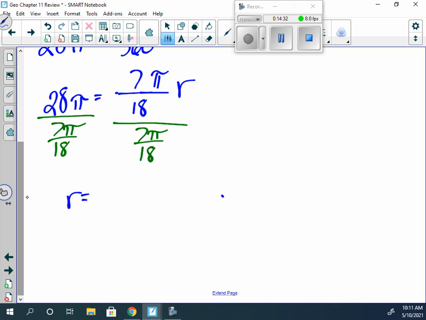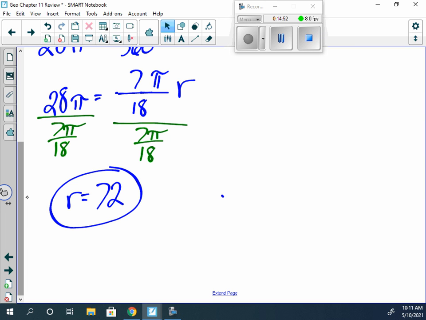I want to say 72. And really, that's going to be it. So we're really using that formula, plugging in what we know, solving for what we don't. Any other questions on this here?